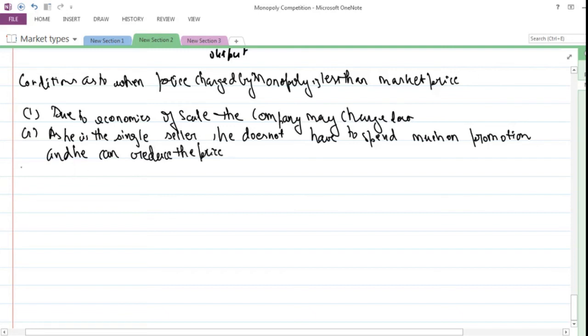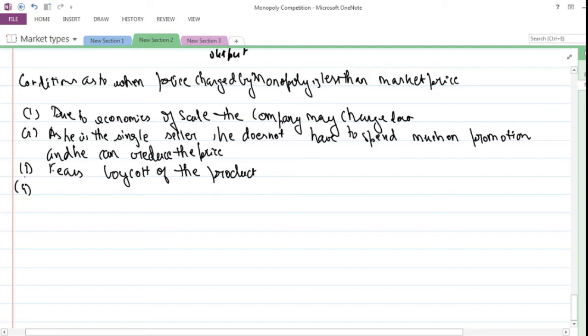The third reason as to why a particular monopolist may reduce the price is because he fears boycott of the products. Okay, the monopolist fears that his products might be boycotted, so he lowers the prices.